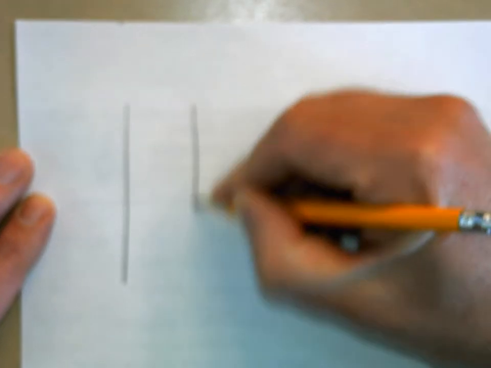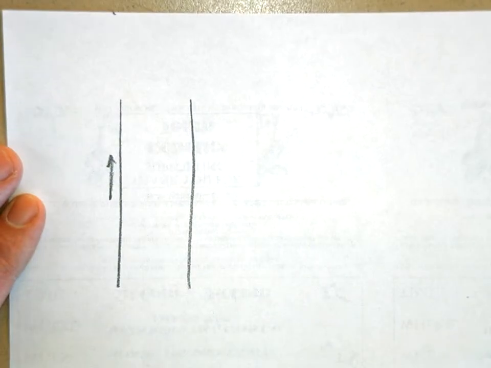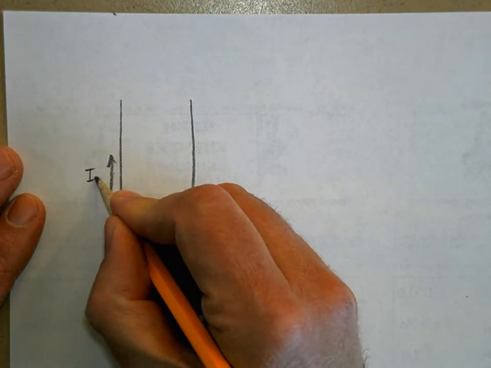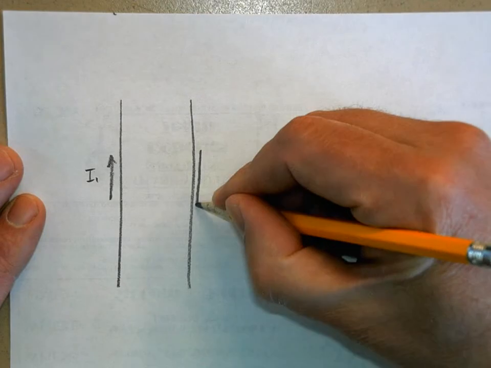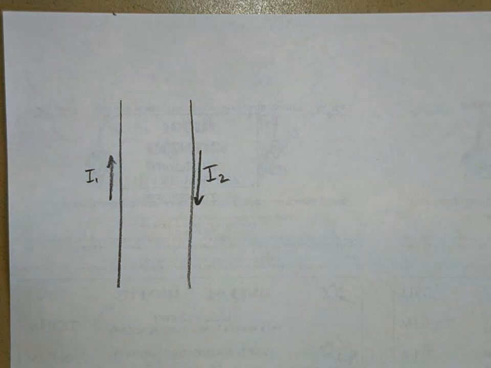Suppose I've got wire 1 and wire 2, but this current is going like this, there's I1, but this current's going down like this. Now, what's going to happen?